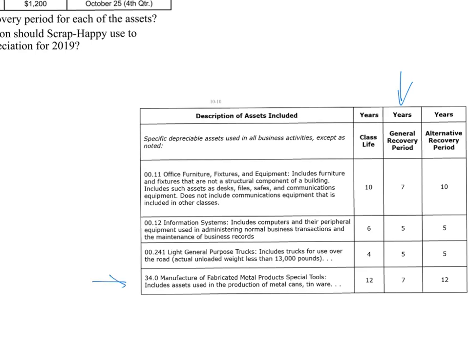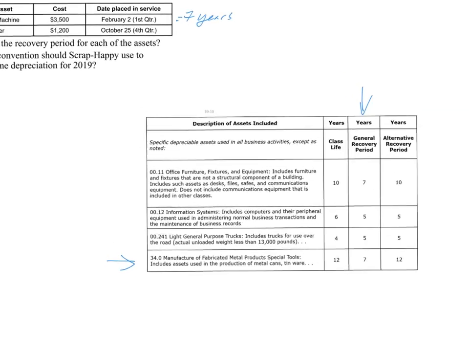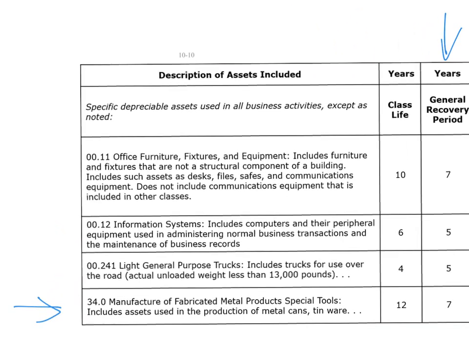And what do we have? Manufacture of metal products. So this die cut machine is 7 years. Then we come over to that same chart and look for computers. We see that information systems includes computers and their peripheral.